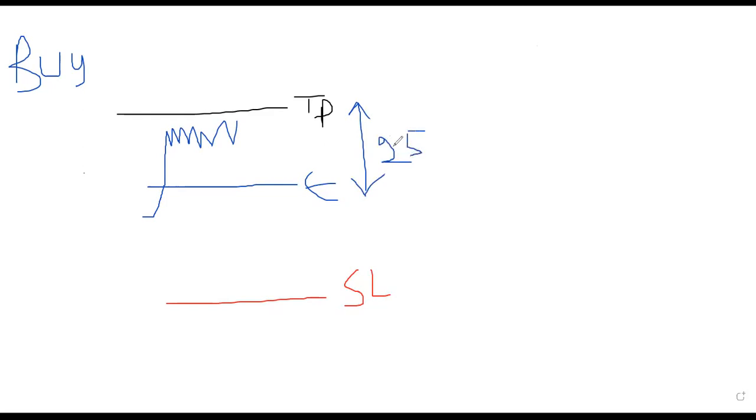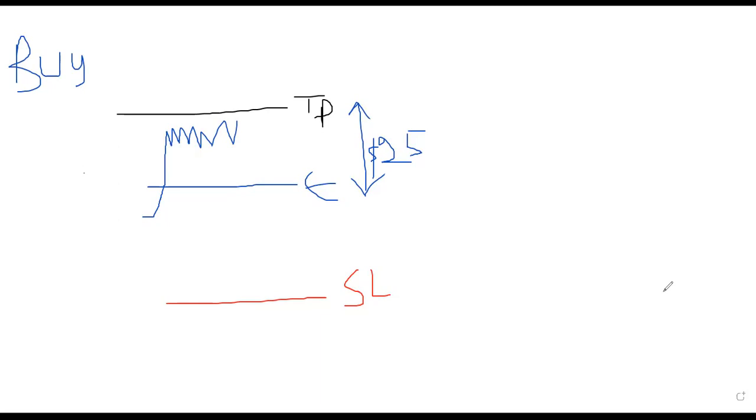But before I go on, let me talk about take profit. What is a take profit? Take profit, TP, is target profit. It is a point where the market reaches and the market closes in profit.